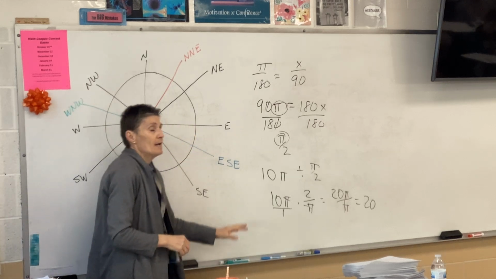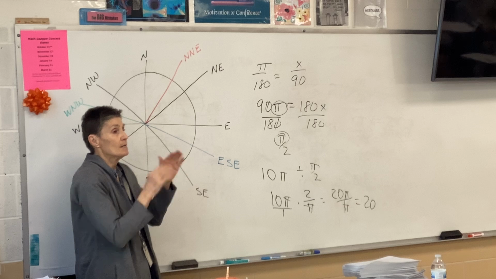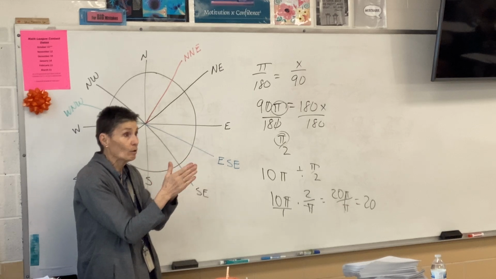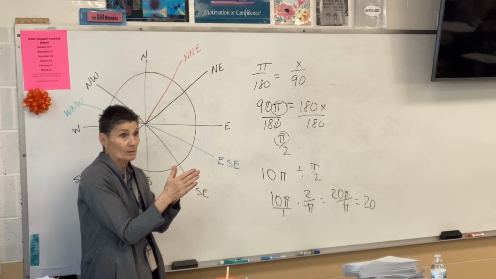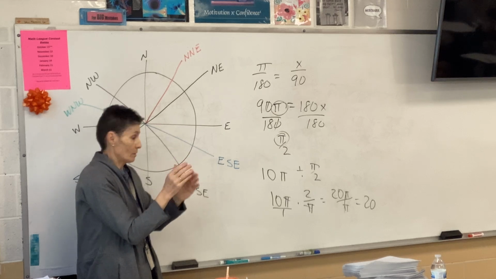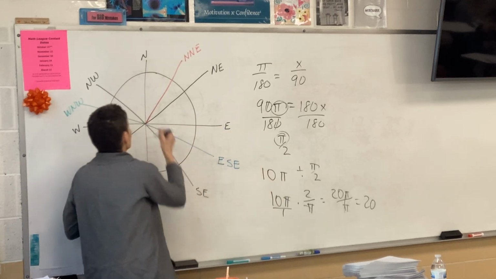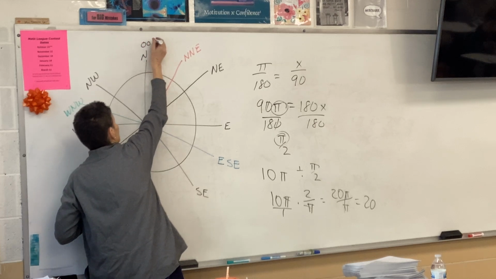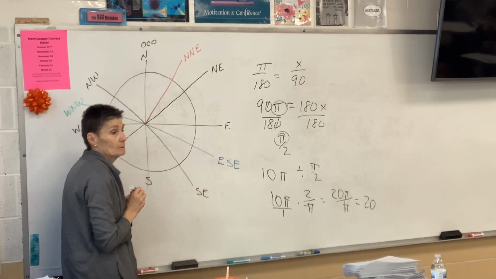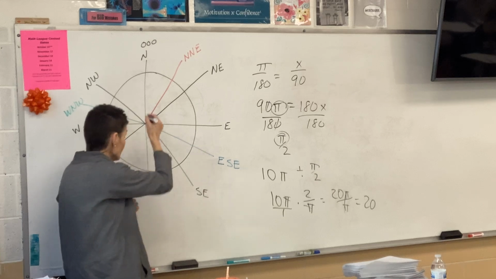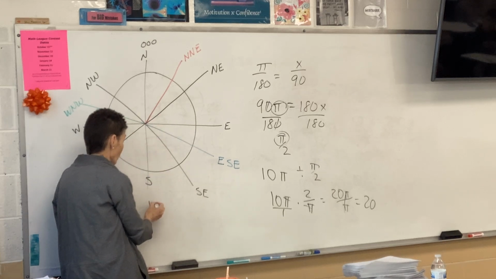Okay. And we can do the same thing. Now we're going to put angle measurements to these. Okay? So, on the compass, due north is 0. Due south is 180.